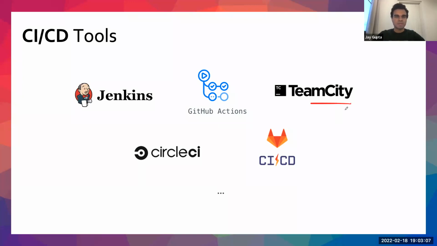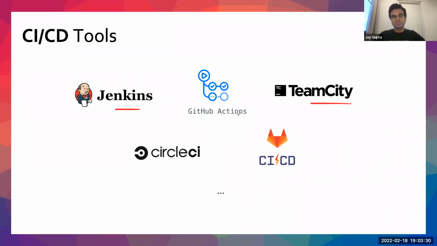TeamCity and Jenkins, they're quite popular when it comes to building CI/CD pipelines. And then we have Circle CI and GitLab CI/CD as well. So this is just a very small non-exhaustive list, but we have many tools out there to build CI/CD pipelines.